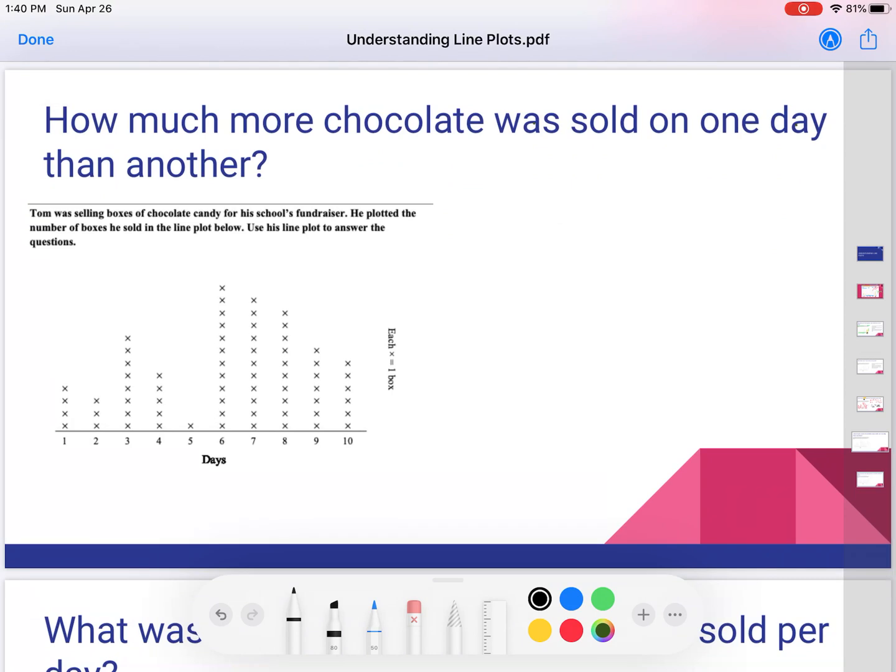How much more chocolate was sold on one day than another day? Now, take a second to see if in that question there is a clue word or a target word that can help us figure out what operation we can use to solve this.